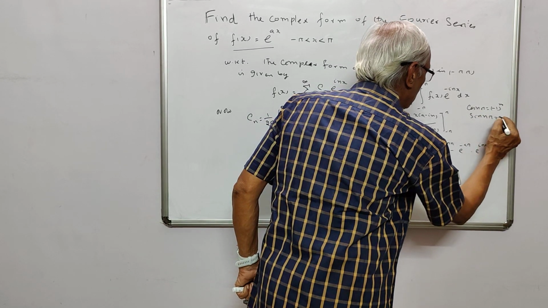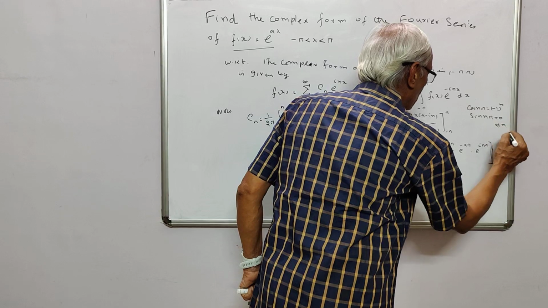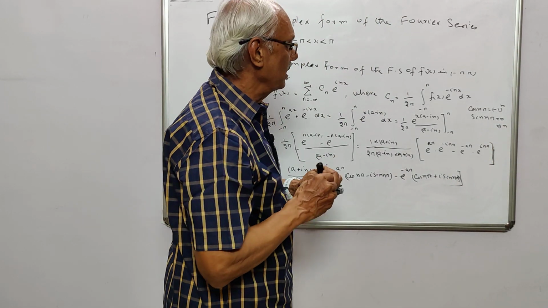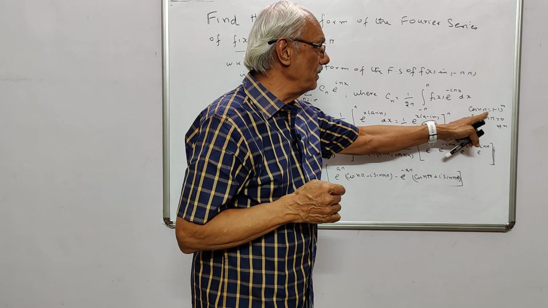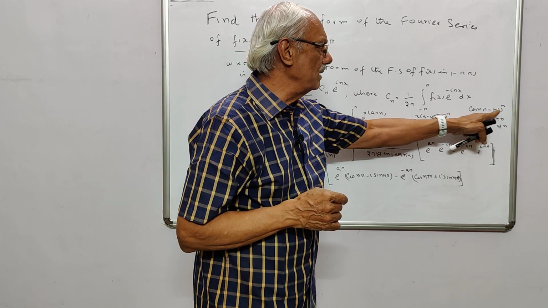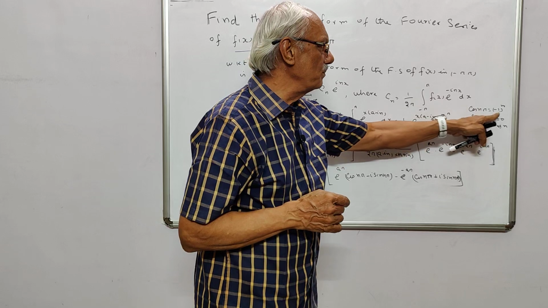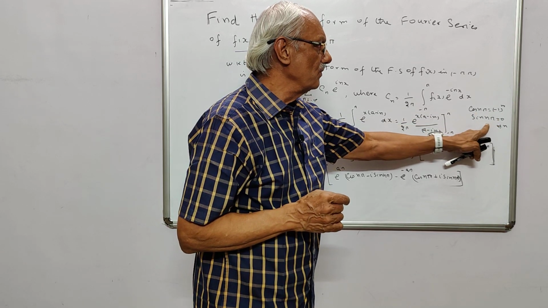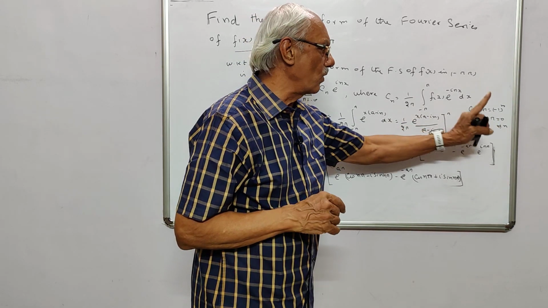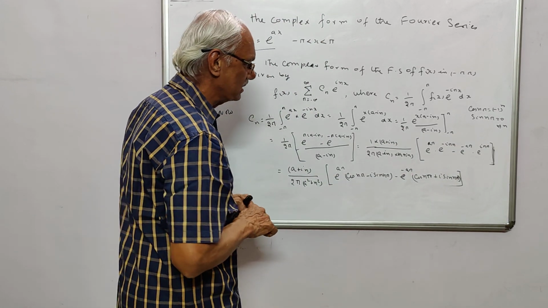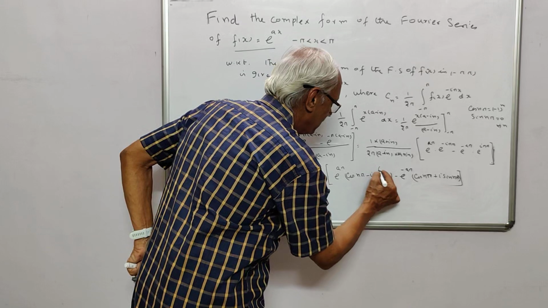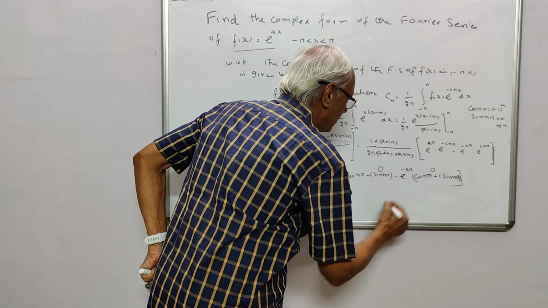Sin n pi is equal to 0 for all n. Now cos n pi, if it is an odd multiple it will be minus 1, for an even multiple it is plus 1. So cos n pi is equal to minus 1 to the power of n, whereas sin n pi is equal to 0 for all values of n. So this is what we get. So you just put it here so that this will become 0 and this will also become 0.